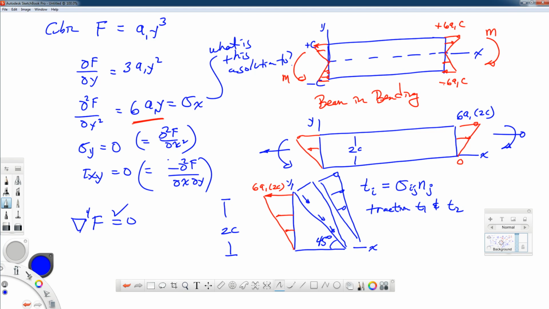So again, there's all kinds of things, and the more clever you are and the more exposure you have to these different kinds of stress functions, the more interesting things you can build up. Let's go ahead and find these tractions. Let's look a little bit deeper in this problem, and then we'll probably have another video for higher order Airy stress functions. Let's make a little bit of room.